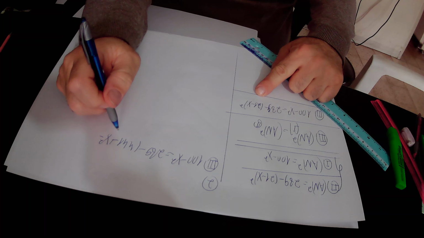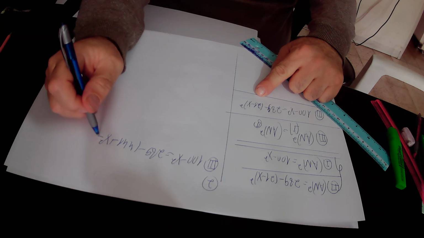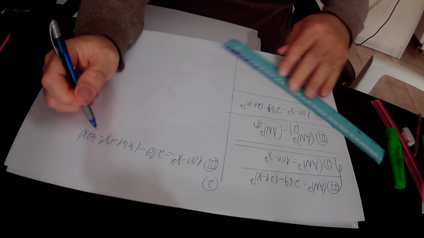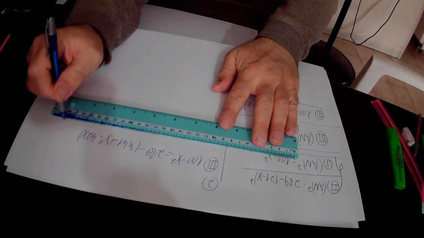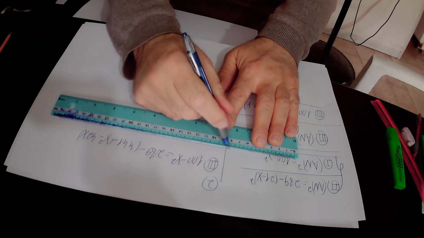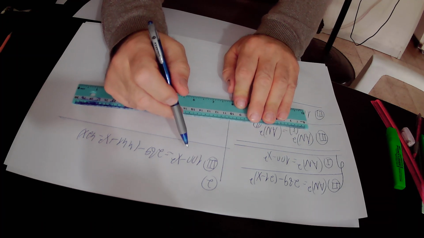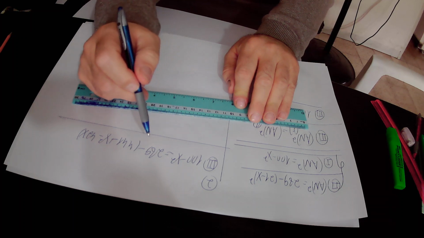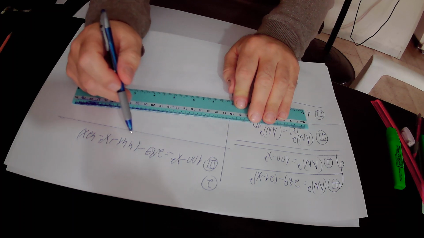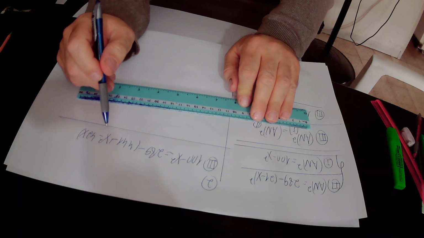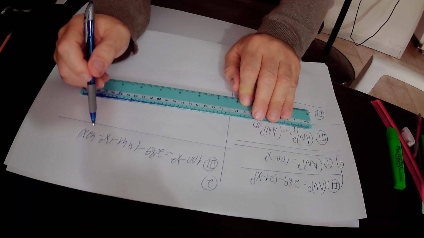So in total minus 42x. So 100 minus x squared equals 289 minus, inside the brackets, 441 plus x squared minus 42x.